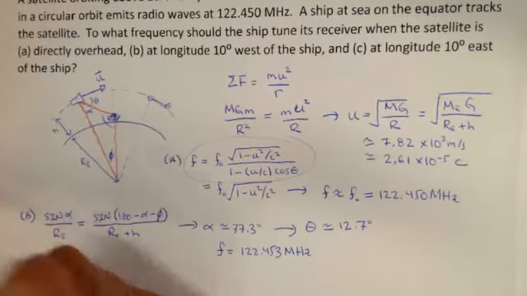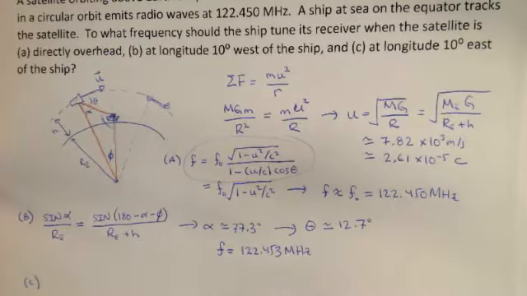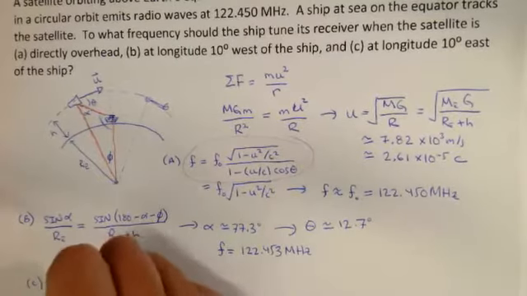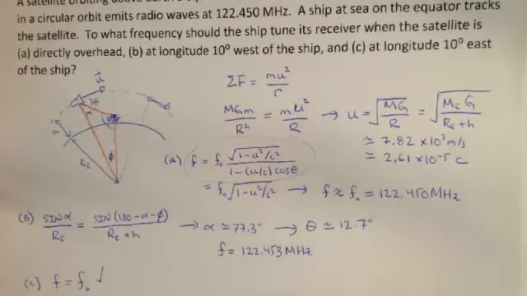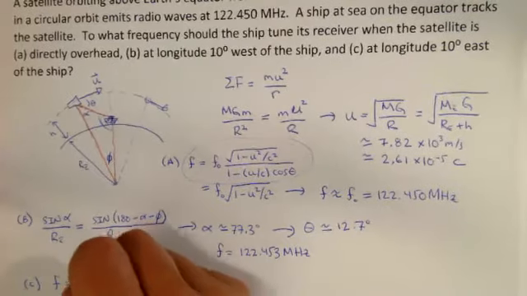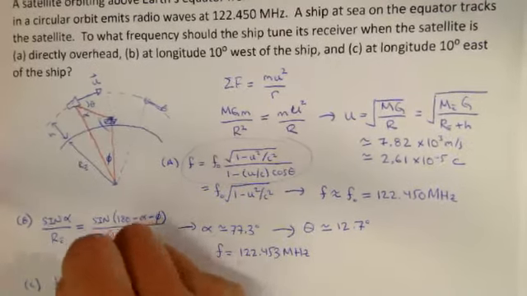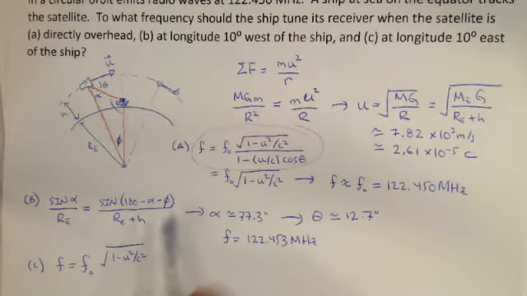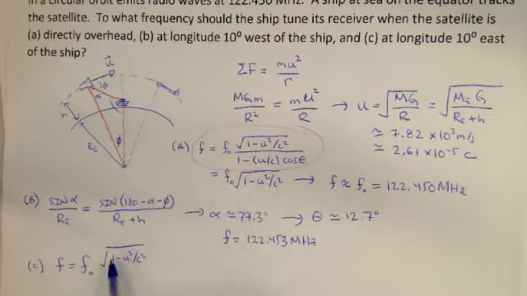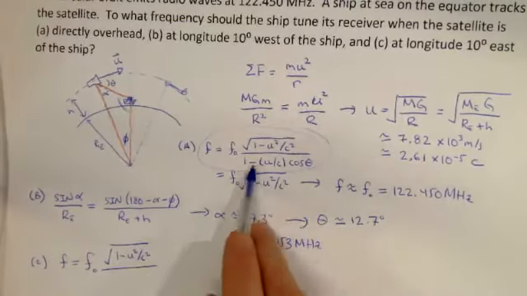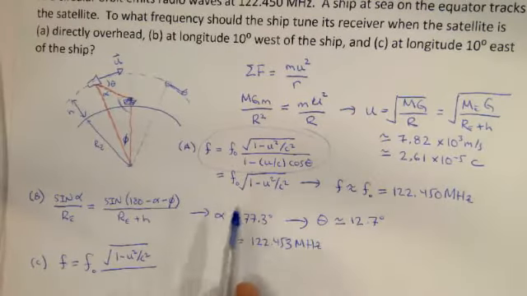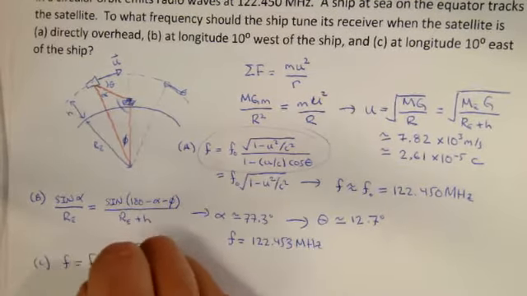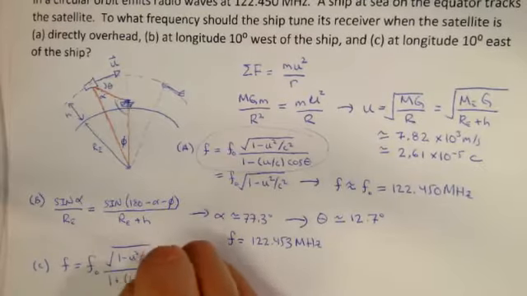And so for part C, we can just say that f is equal to f naught times, well, again, just turn u's into minus u's. Note that nothing happens in the numerator because u squared and minus u squared look the same. But in the denominator, since it was 1 minus u over c cosine theta, well, u turns into minus u. This becomes 1 plus u over c times cosine theta.